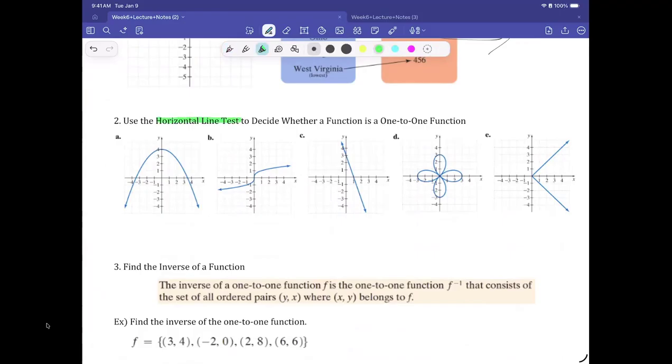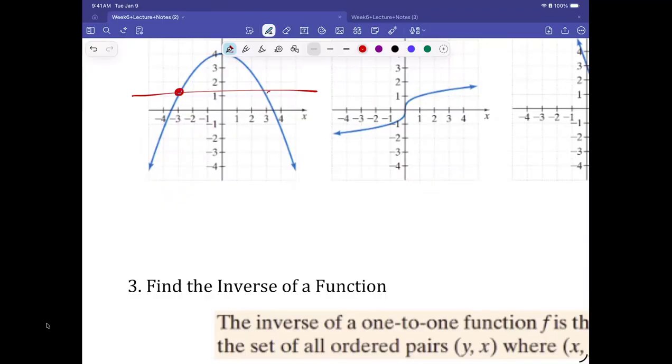Horizontal line test. You draw a horizontal line on the graph and see how many times it touches the graph. Only one time, then 1-to-1. But two or more, then not 1-to-1. Okay? So like this.